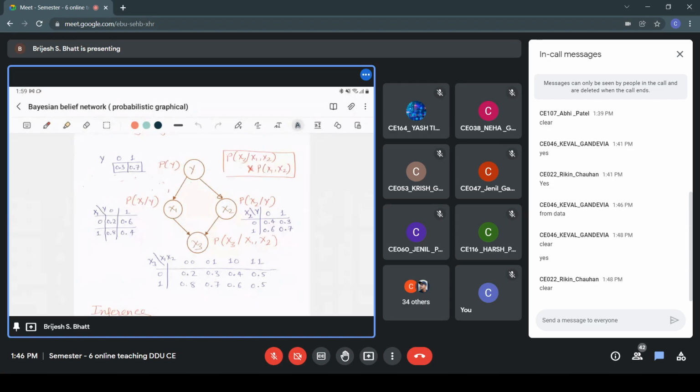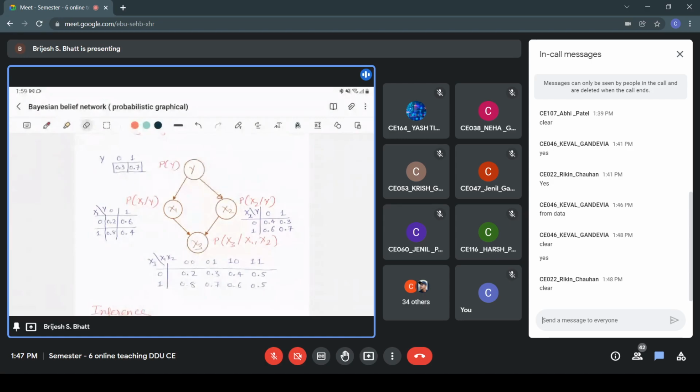After training, a Bayesian belief network would look something like this. It would have random variables, dependencies, and conditional probability tables, or model parameters.